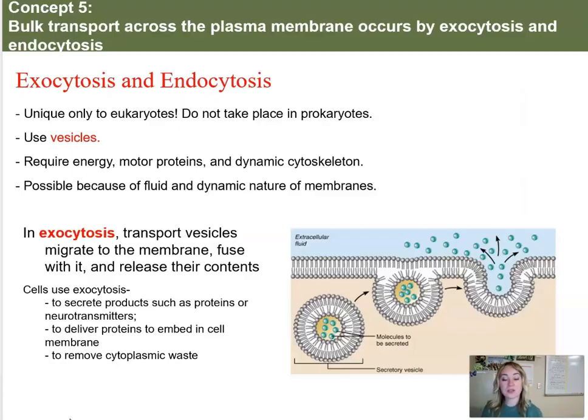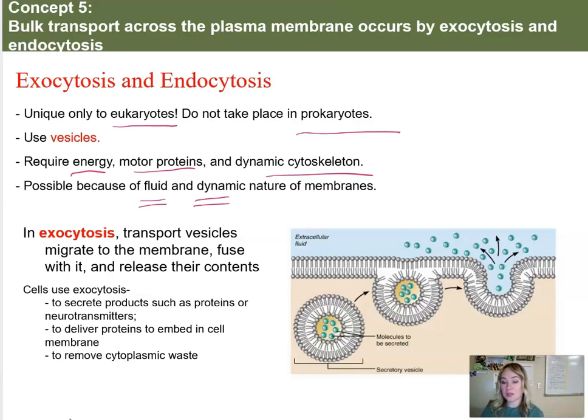So now, exocytosis and endocytosis are going to be unique to eukaryotes only. These processes occur because of the use of vesicles. Of course this will require energy and even motor proteins to be able to pull these vesicles, and a dynamic cytoskeleton that we can build and break down.